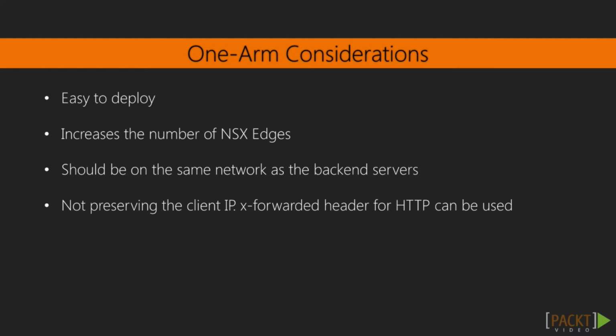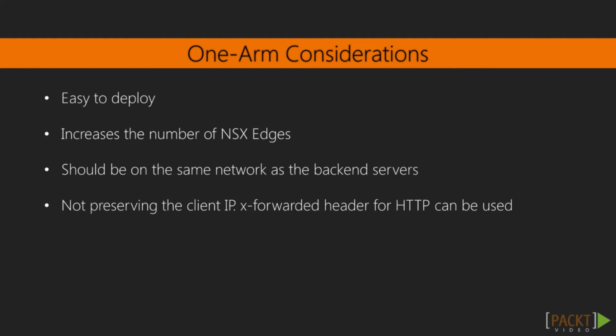A slight disadvantage is using one-arm load balancers increases the number of NSX edges, depending on the amount of applications you want to load balance in the backend. For each application, you need one NSX edge load balancer. It should be on the same network as the backend servers.